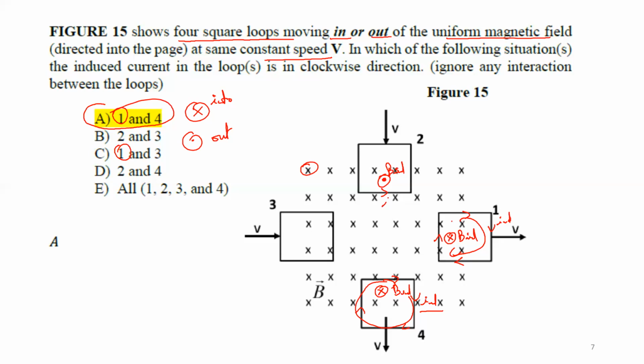Counterclockwise. Okay, the current induced is going counterclockwise, and also here the current induced is going counterclockwise. Great. So of course 1 and 4 are the only correct answers. This and this. Okay, because the current is going clockwise here. 3 and 4, because the current is going counterclockwise.